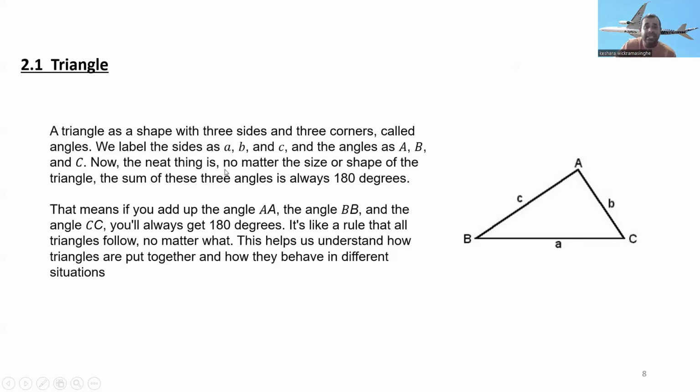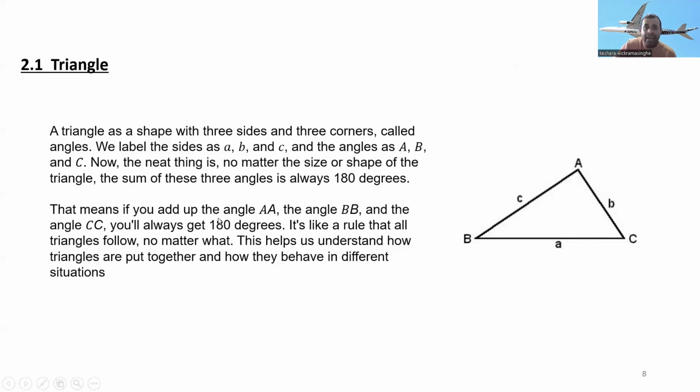Now the neat thing is, no matter the size or shape of the triangle, the sum of these three interior angles is always 180 degrees.